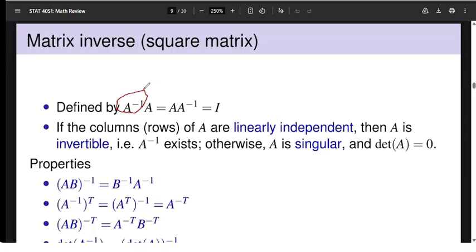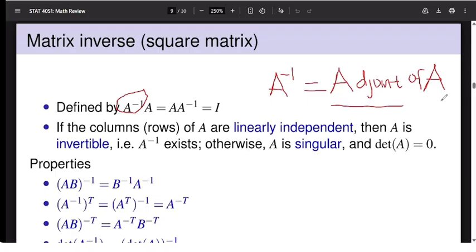But if I want to get the inverse of a matrix, the inverse is the adjoint of matrix A divided by the determinant of A.